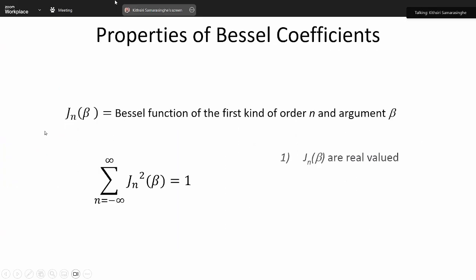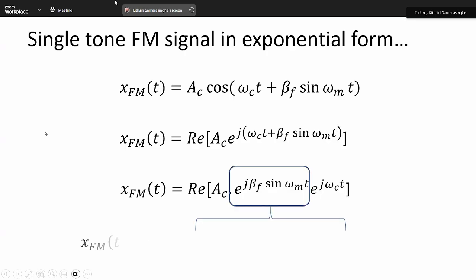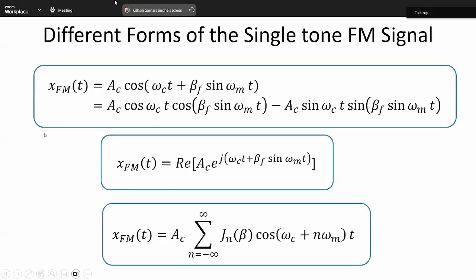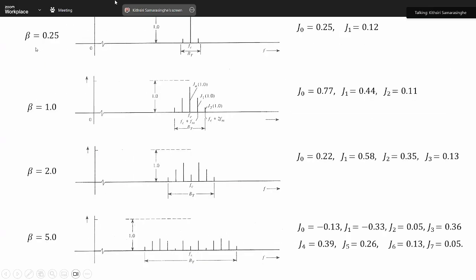Okay. So going back there, for beta values like 0.25, this is almost AM, like narrowband. And beta equals 1, you can see it's not narrowband now; it has a second pair of side frequencies because J2 is significant. Beta equals 2, up to J3 it is significant.